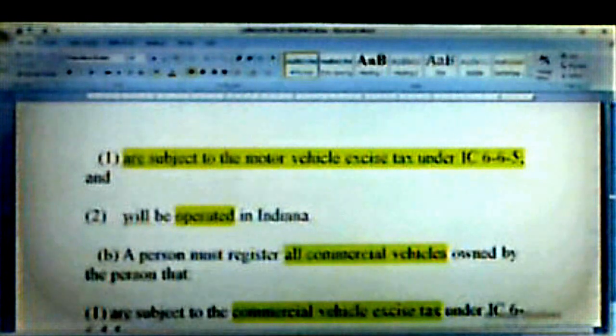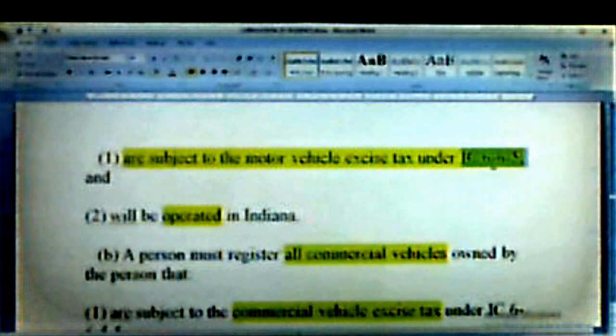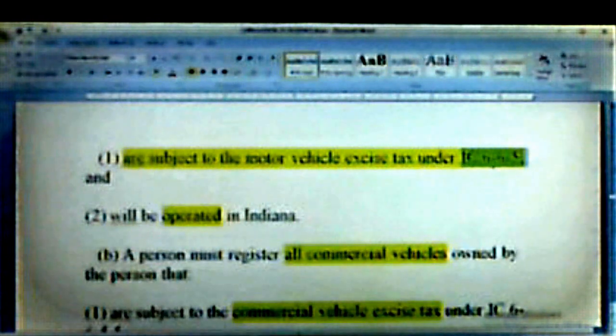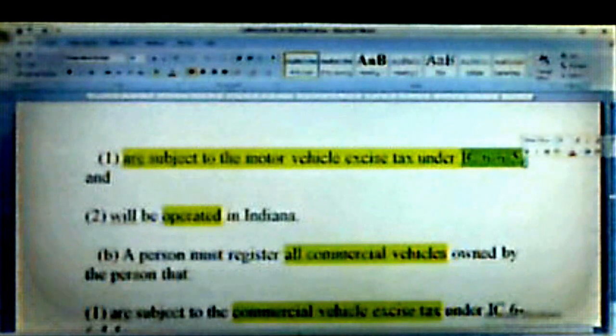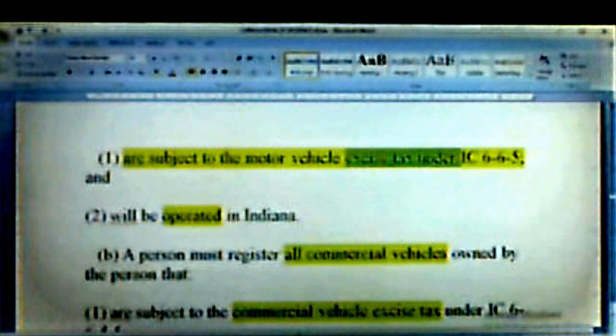Okay? But just to make sure, and so we can prove to the courts, we got to go look at, first off, IC 6-6-5 and see what motor vehicle is required to be registered under the excise tax. Right?